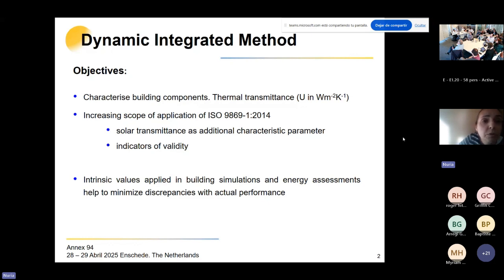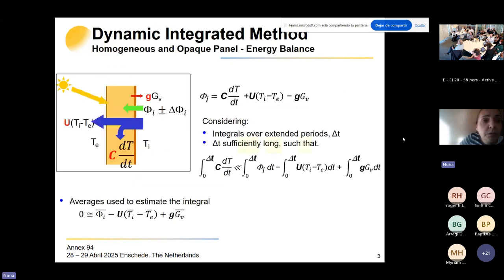So in order to reduce the gap between the theoretical and the experimental or real behavior of the building, the real performance. So applying these dynamic integrated methods, we want to obtain, as I said before, the thermal transmittance and the solar gain values for the walls.